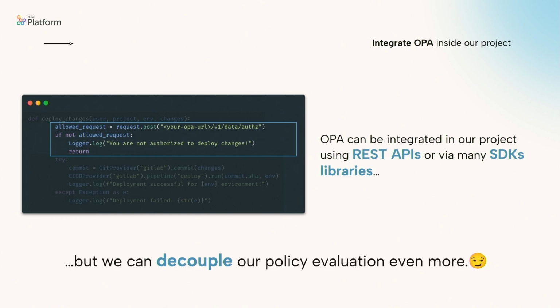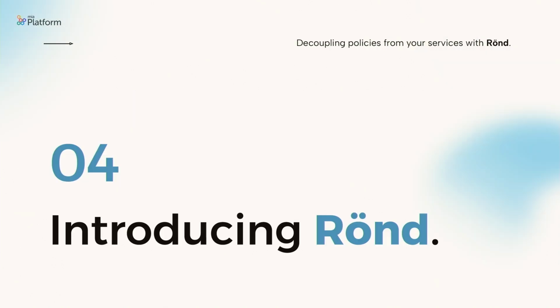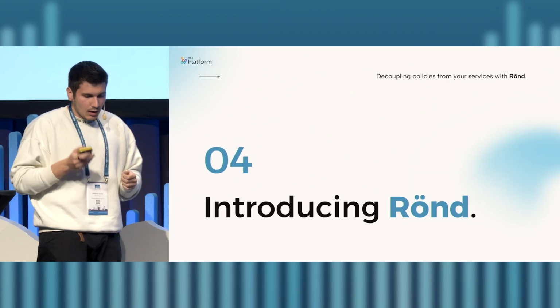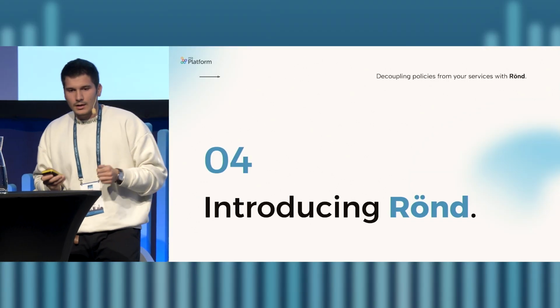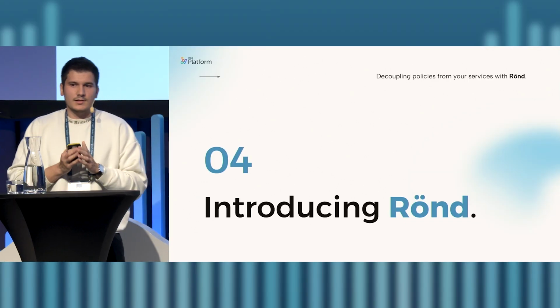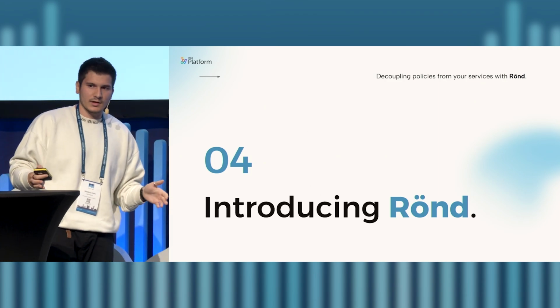But in MIA, we wanted more, and we did it by creating Rönd. Rönd was born with a clear intent in mind, that is to remove all these dependencies between our systems and the authorization stuff, okay? How we did that?